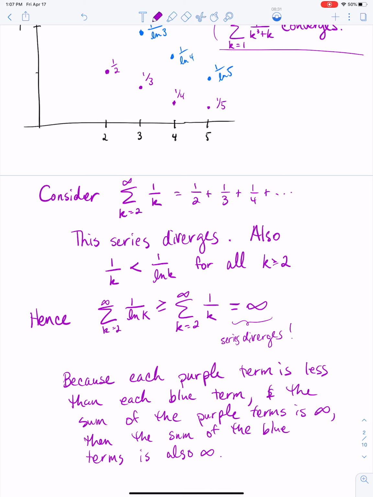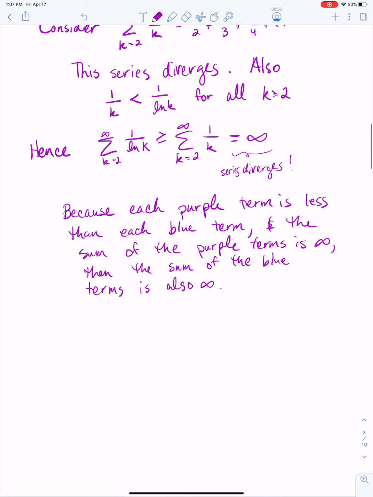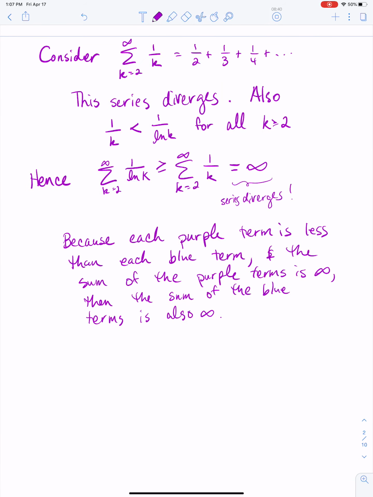Okay, so that's essentially the direct comparison test in a nutshell, and you can see the similarities with the comparison test for improper integrals.